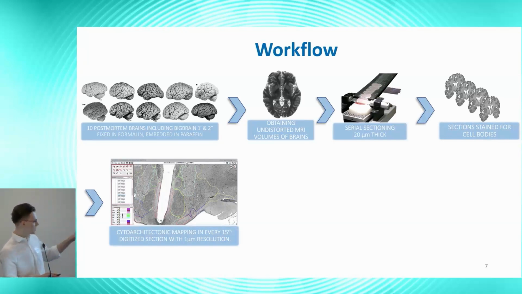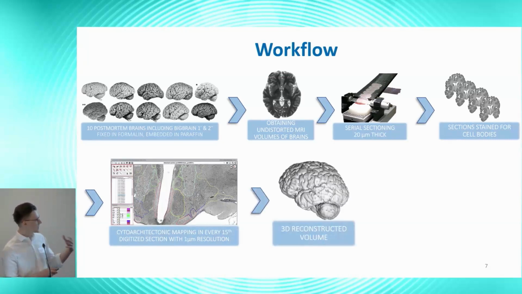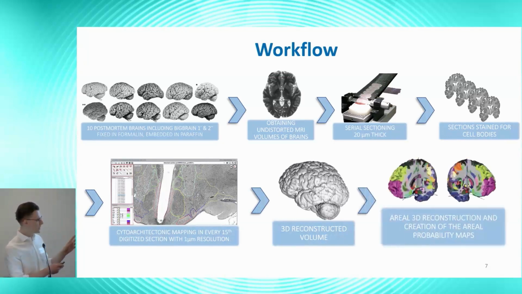When I finished delineating in all 10 brains, based on the previously obtained undistorted MRI, as I said, we got the 3D reconstructed volume of each brain, then normalized them and transferred them to commonly used reference spaces, MNI, for example, Colin 27, and then we overlapped the regions with each other and got the probability maps.